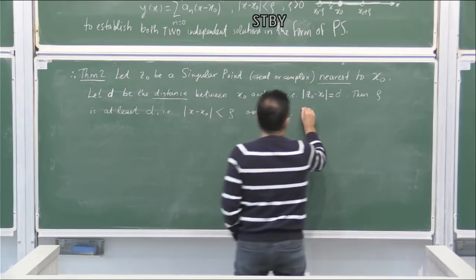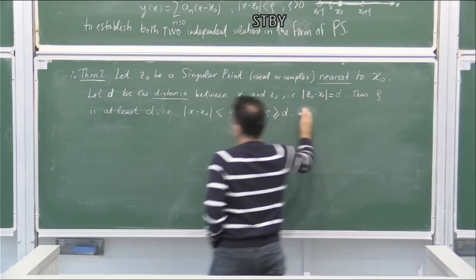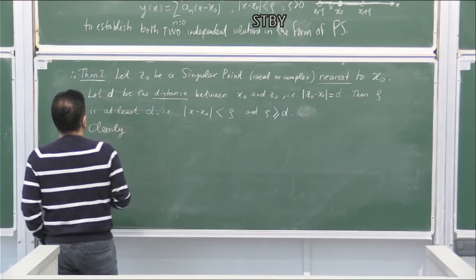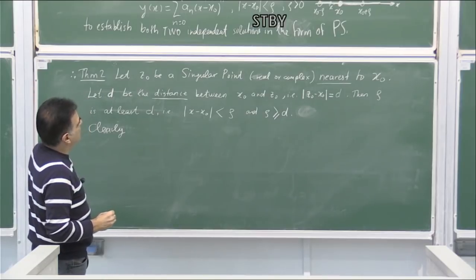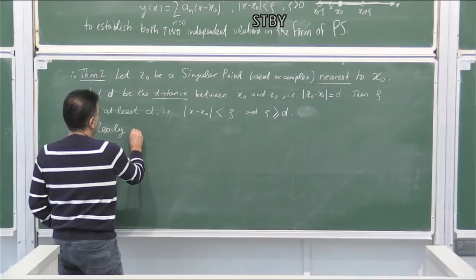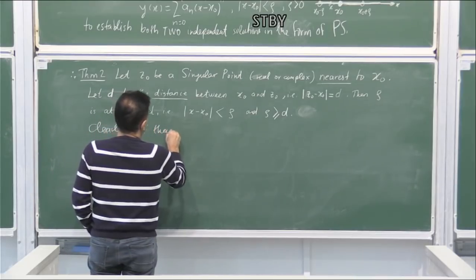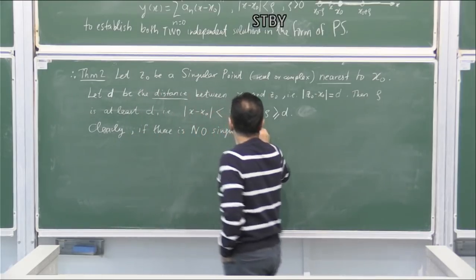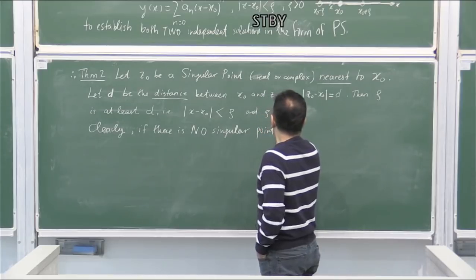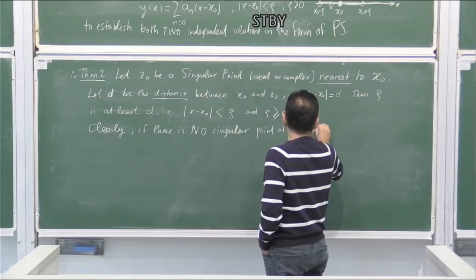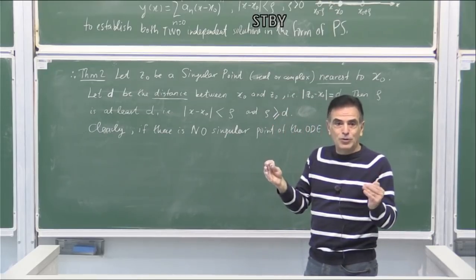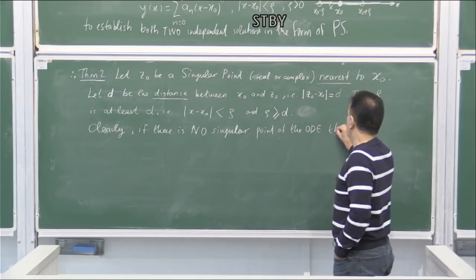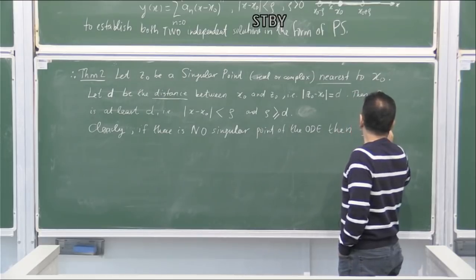Anyway, so clearly, another important result from this theorem is that if there is no singular point of the ODE, then there is no bound for rho, then rho becomes infinity.